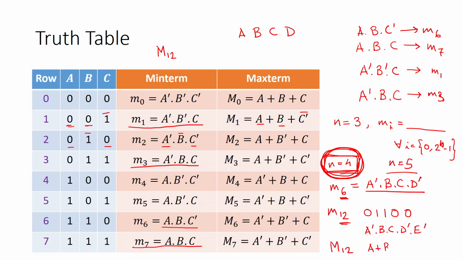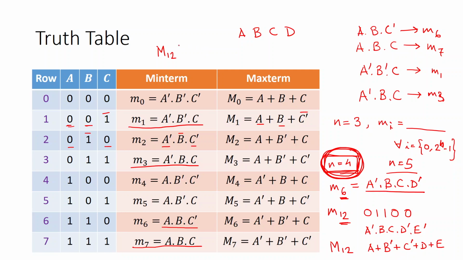B will be complemented, plus, we should not say plus but OR, but we can say plus also, but we should remember that it is OR. It is a good practice to say OR and AND. So A or B dashed or C dashed or D or E. So this is your M12.